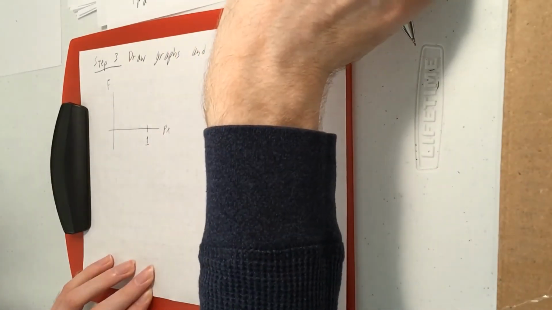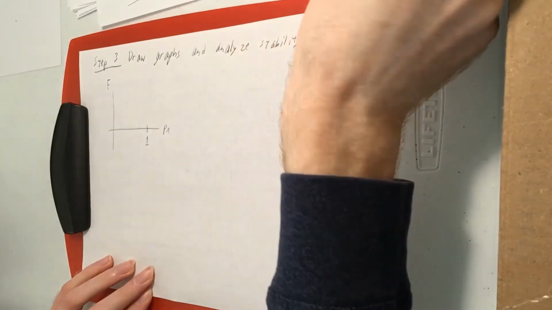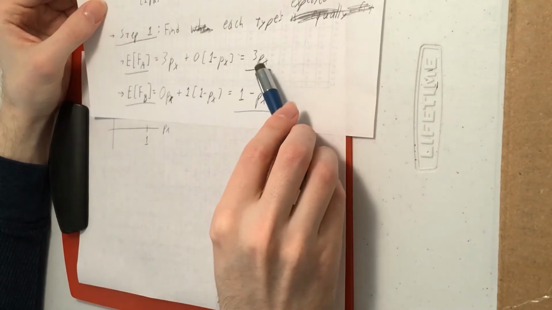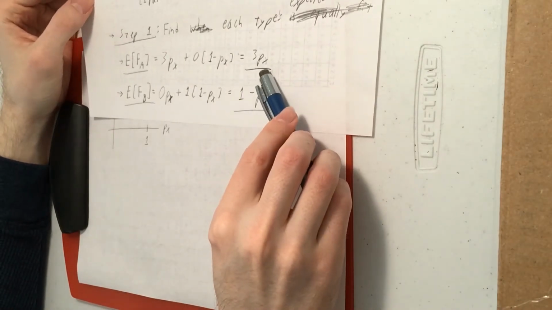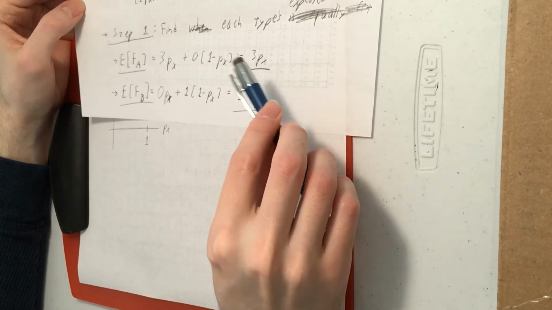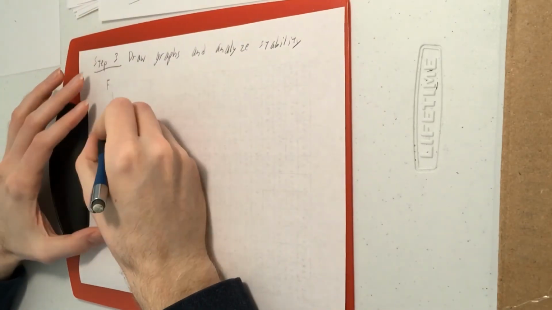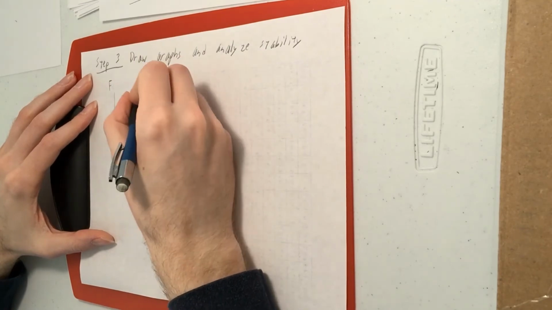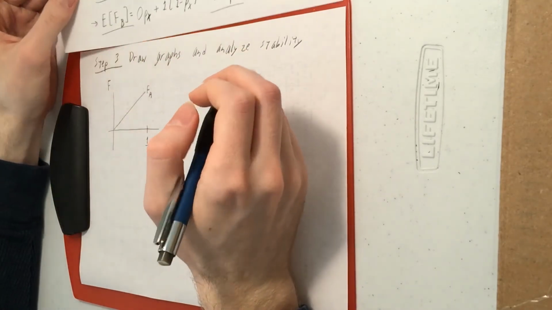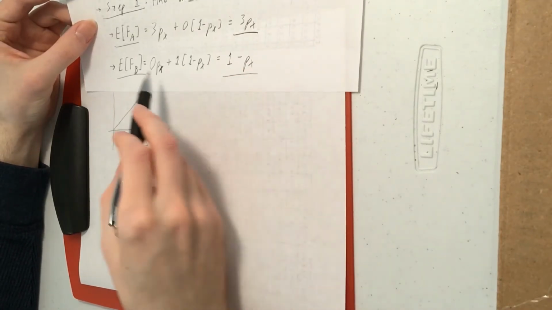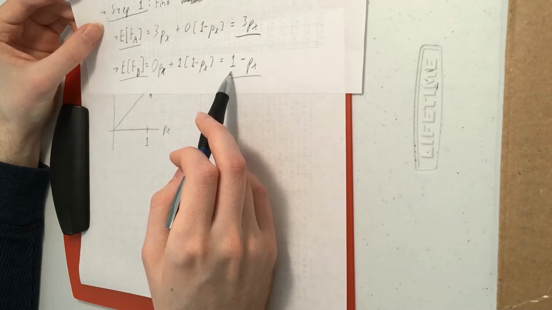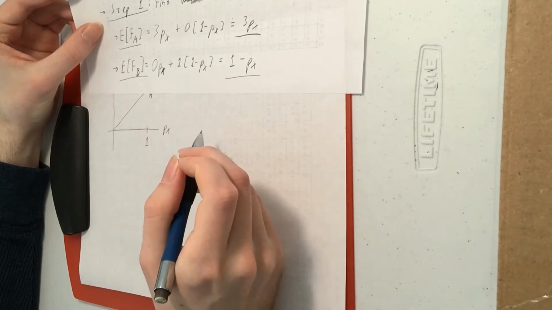So we said back here that the fitness of the A types was 3px. That means our intercept is going to be 0, and our slope is going to be 3. So label that FA. For the B types, the fitness level was 1 minus px. So intercept is 1, slope is -1.